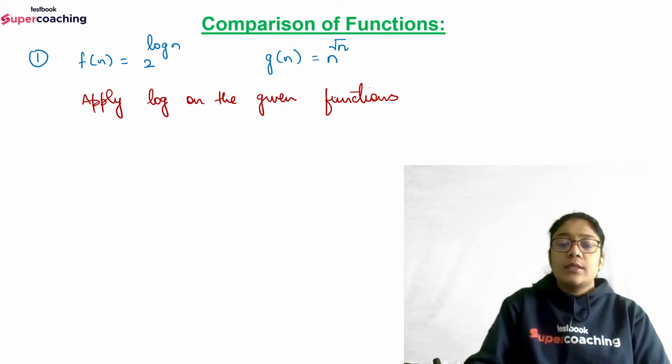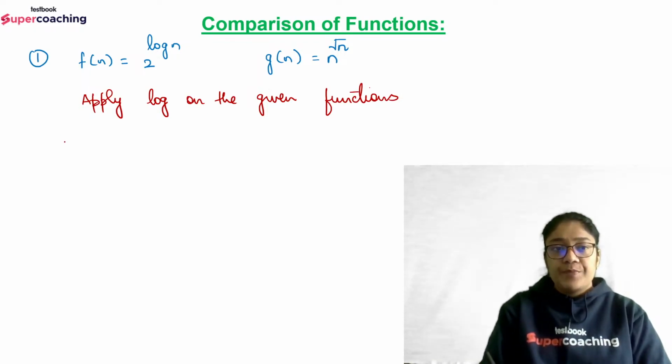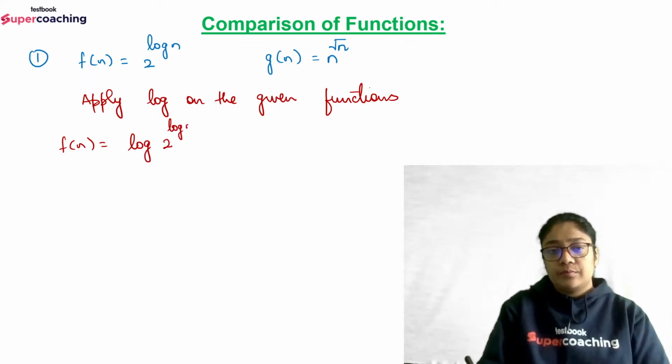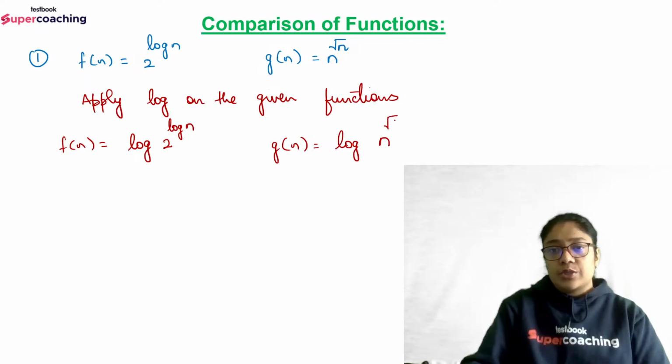So after applying the log, here we'll be getting f of n equal to log 2 raised to power log n, and here we'll be getting g of n as log of whatever is the function.